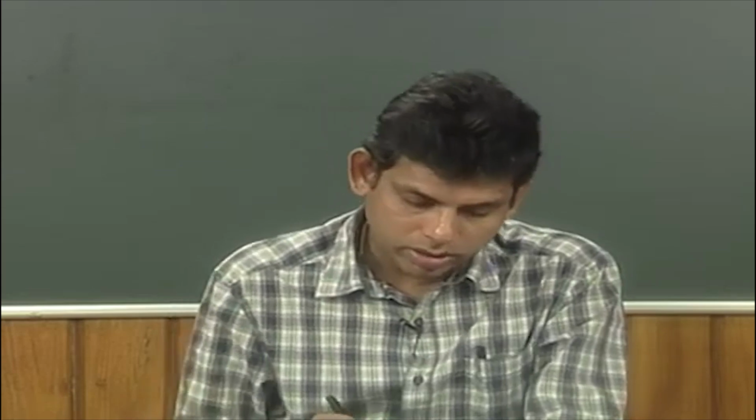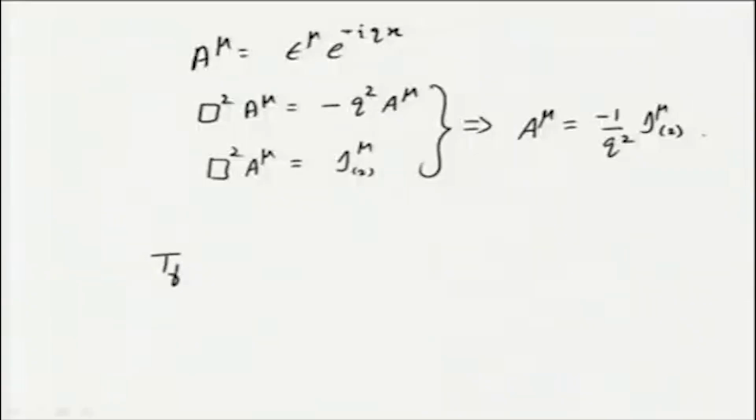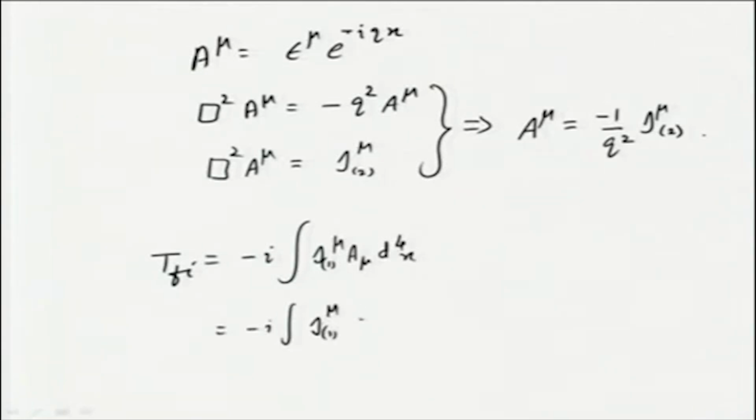Rather, there is then minus 1 over q square J2 mu, which is the current associated with that particle. Now, look at T f I, it is minus I J1 mu A mu d4 x, which is equal to J1 mu minus 1 over q square J2 mu d4 x.